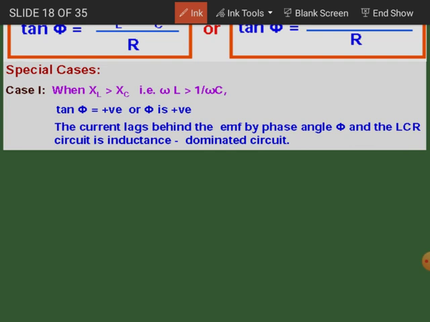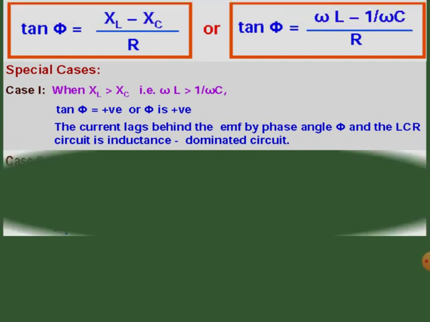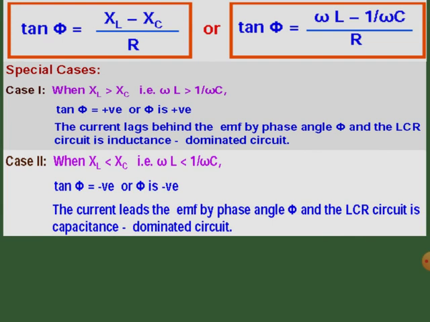In the next case, case number 2, when XL is less than XC, that means your inductive reactance is less than the capacitive reactance, or you can say the capacitive reactance is greater than the inductive reactance.